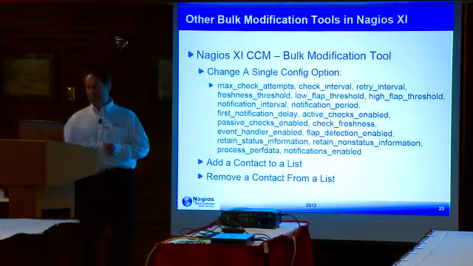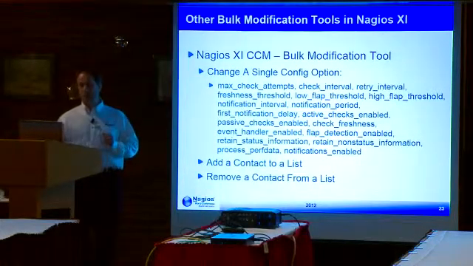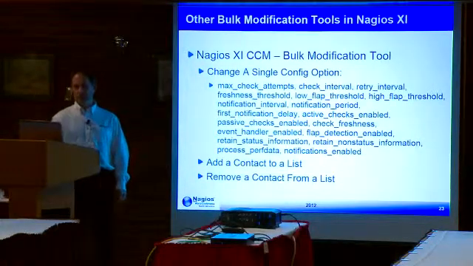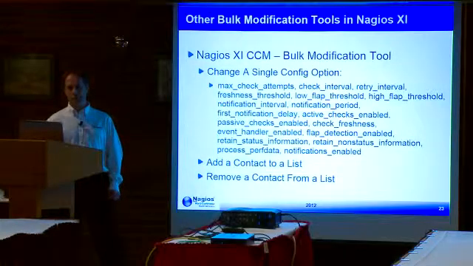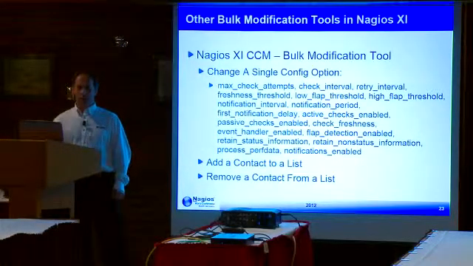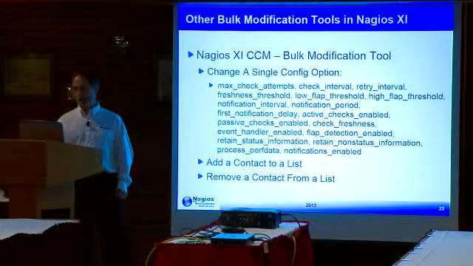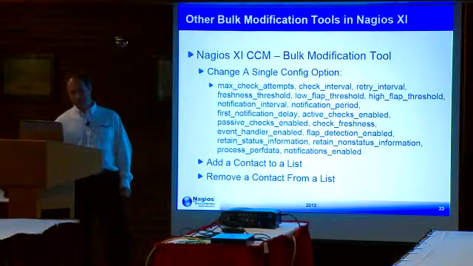And actually, for the most part, that's about it for the wizard. I'm just going to briefly mention, we have some other bulk modification tools. I believe Mike Guthrie already talked about those. One was changing notifications in bulk, and the other one is a bulk modification tool under the new CCM.